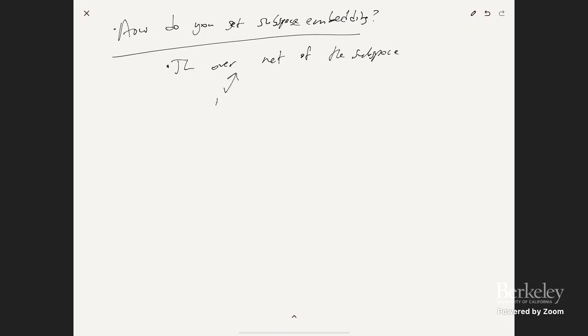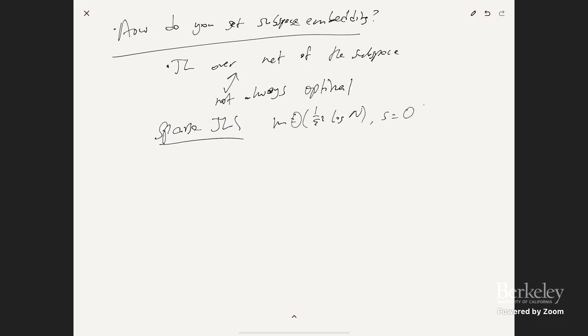But this doesn't always give optimal results. For example, if you remember with sparse JL, I said that you get M to be 1 over epsilon squared log N, and S to be O of epsilon M. This would lead to, for subspace embeddings, M to be O of D over epsilon squared, and S to be O of D over epsilon.